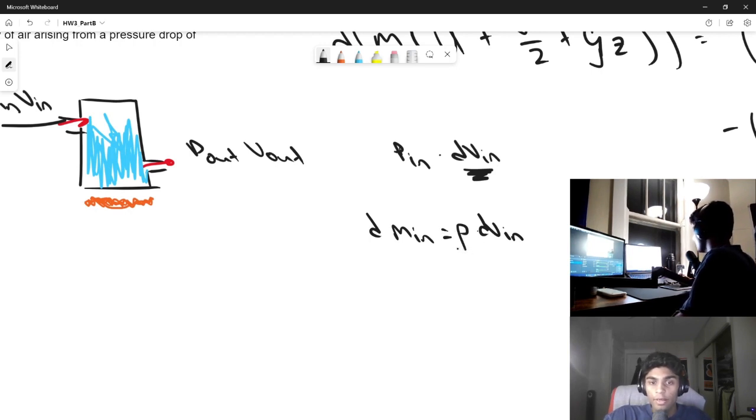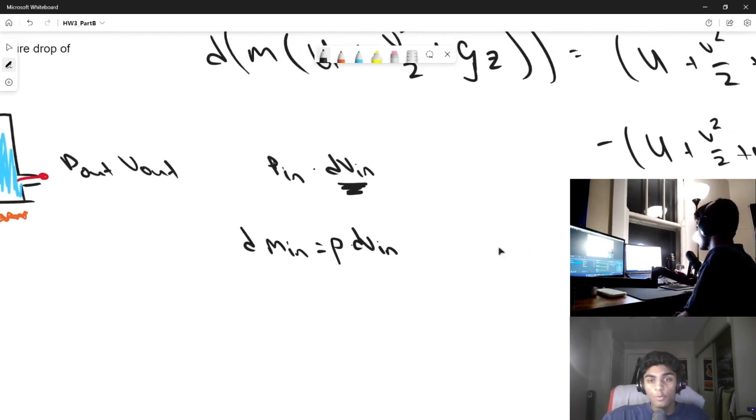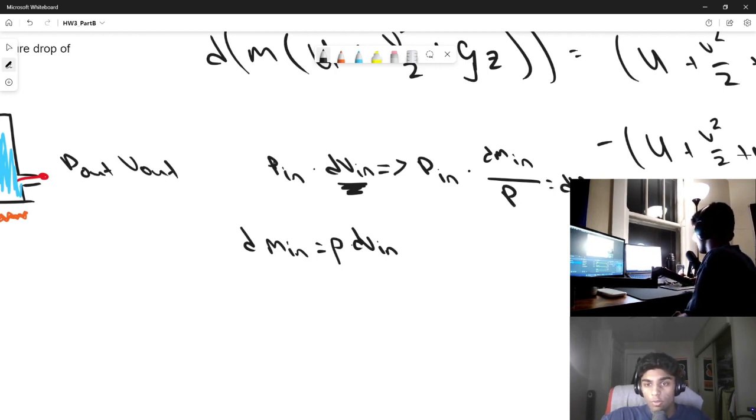And we end up with an expression for this dV in terms of the differential amount of mass. So if we were to re-express this, then we would have the pressure at the inlet times the differential amount of mass in, so dm in, over the density. And this is how we describe our differential work.